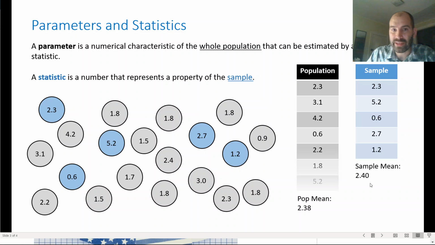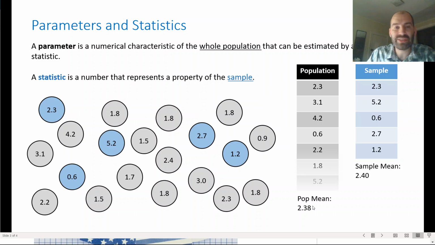That is my statistic because it comes from the sample. I'm making the same measurement that I made for the parameter, but I'm doing it on the sample, and that makes it a statistic. If the sample is representative of the population, I would expect this statistic to approximate the parameter.